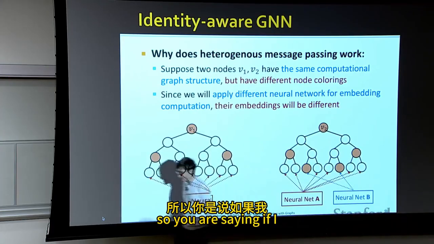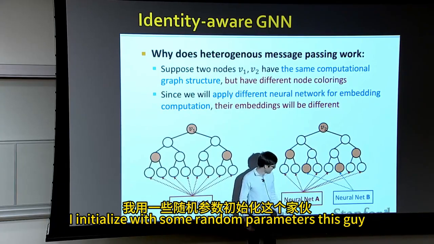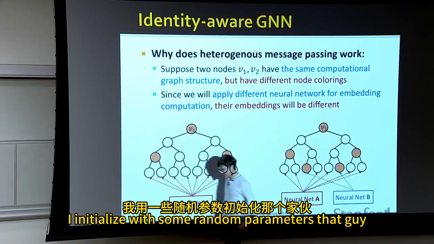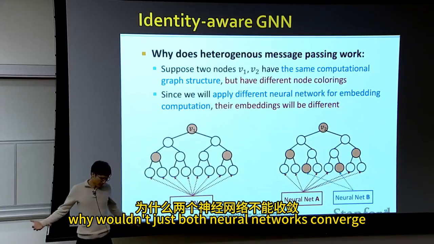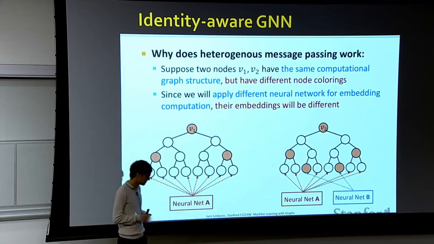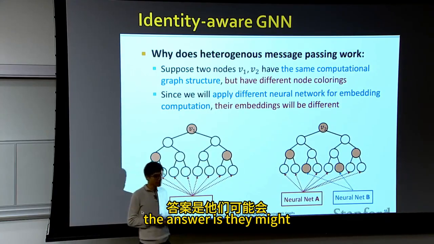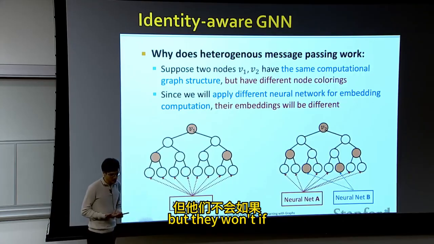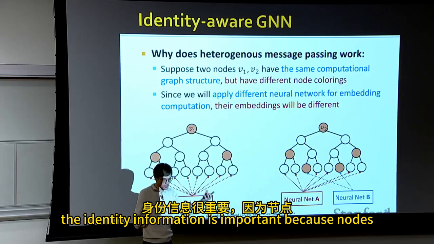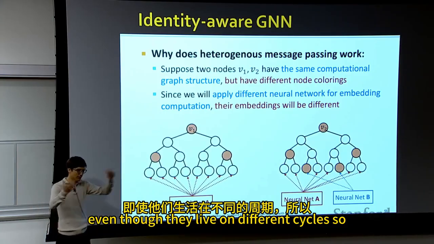Good question. So you are saying if I train this heterogeneous neural network, I initialize this one with some random parameters, and I initialize that one with some random parameters. Why wouldn't both neural networks just converge to the same thing? I think the answer is they might, but they won't if the identity information is important, because nodes have different labels even though they live on different cycles.